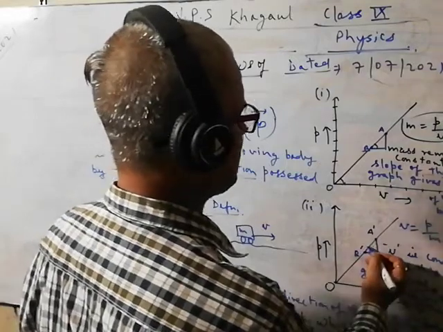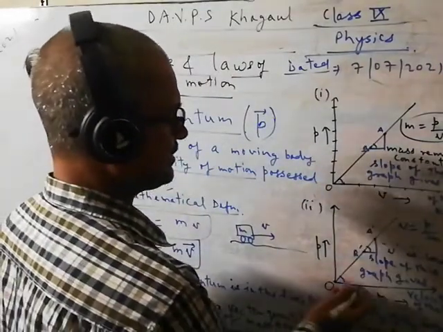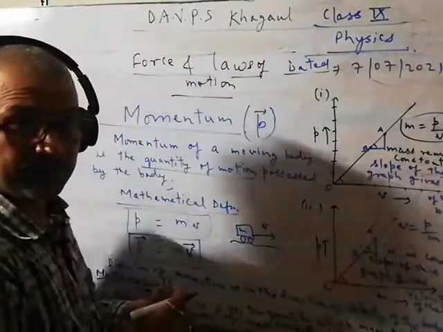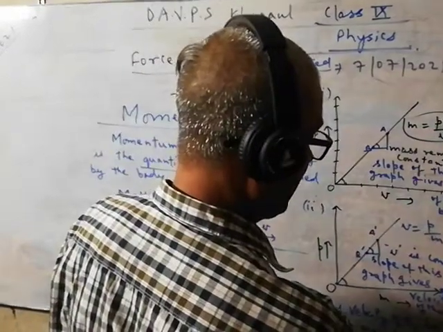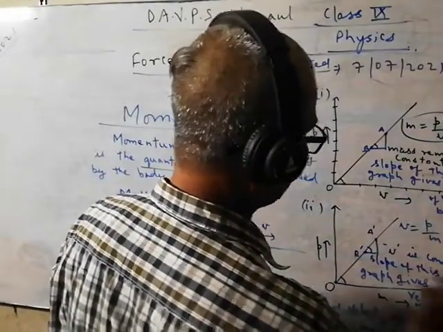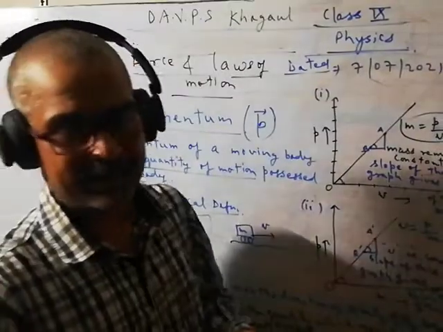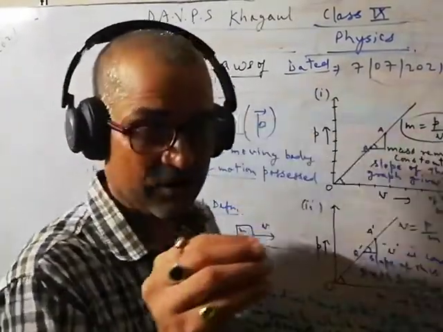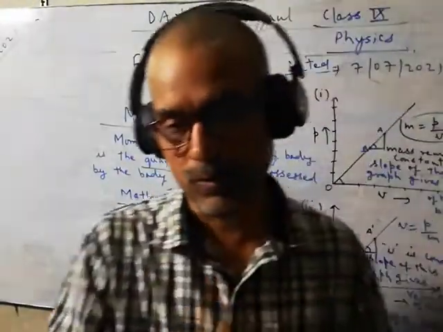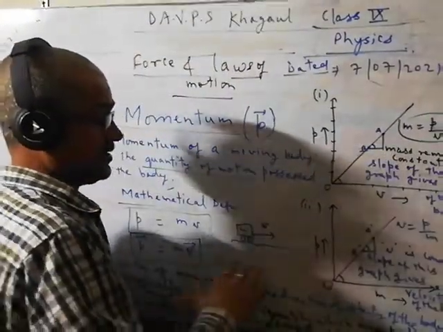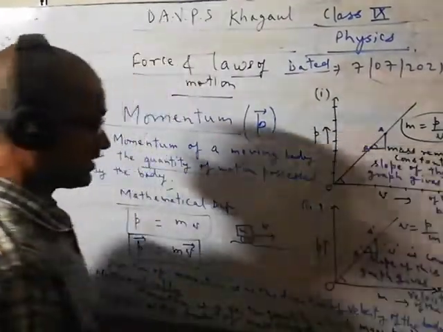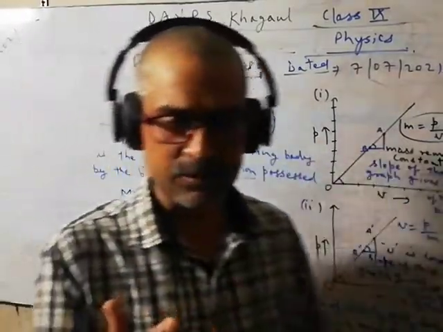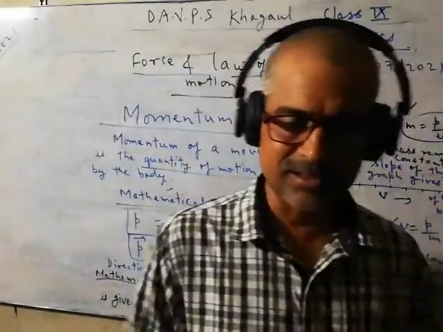Slope means the tangent of the angle that is made by the graph with the positive direction of the x-axis. That is the meaning of slope, and mathematically it is perpendicular by base, tan theta. That is the slope of any graph. I hope you understand the importance of the graphs we learned in chapter 1, and we have to repeat other chapters.